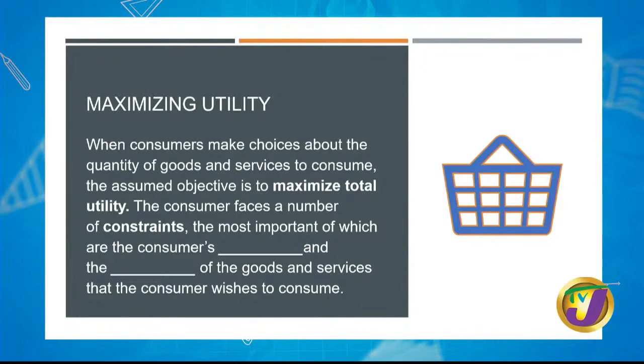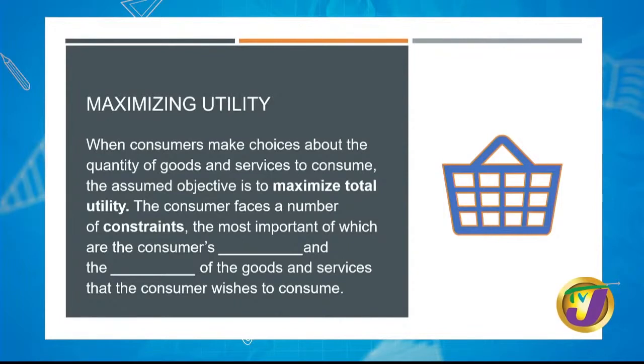So think about it. You want to have as much satisfaction as possible, right? And you get the satisfaction from purchasing goods or using services. What are your limitations when you think about, okay, I'm going to buy this today? One of the first things you might say is you look at the price.